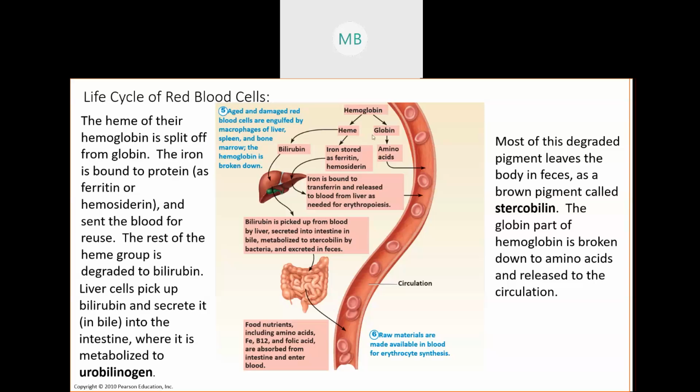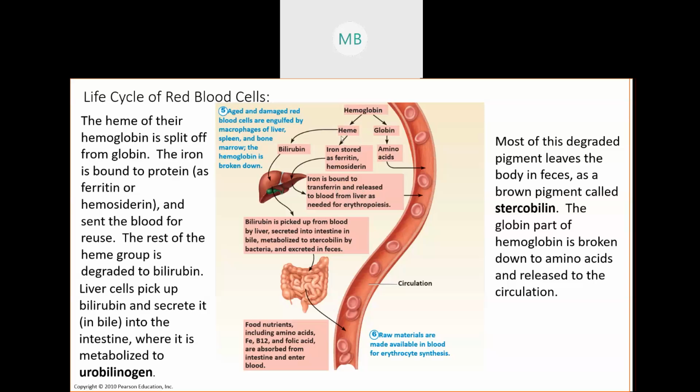So your spleen will break it down, put the globulin and the amino acids back into the bloodstream, but then it will keep the heme groups and remove the iron, so that it can be sent to your liver, used for good things, and then sent back to your bone marrow so it can be used for future erythropoiesis.